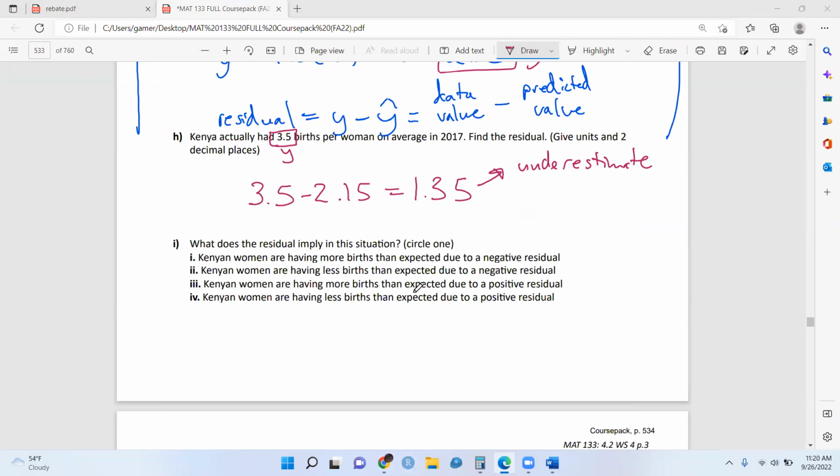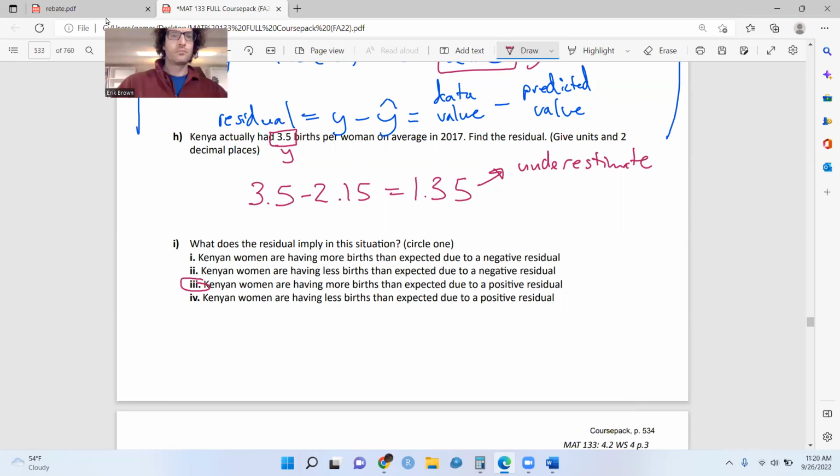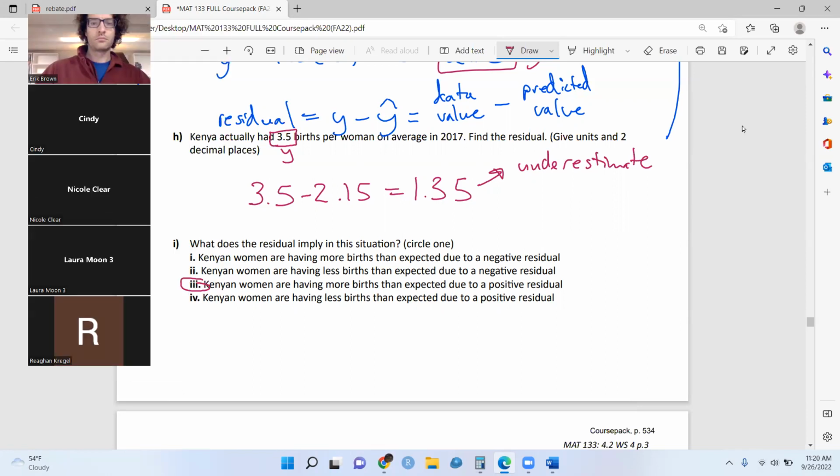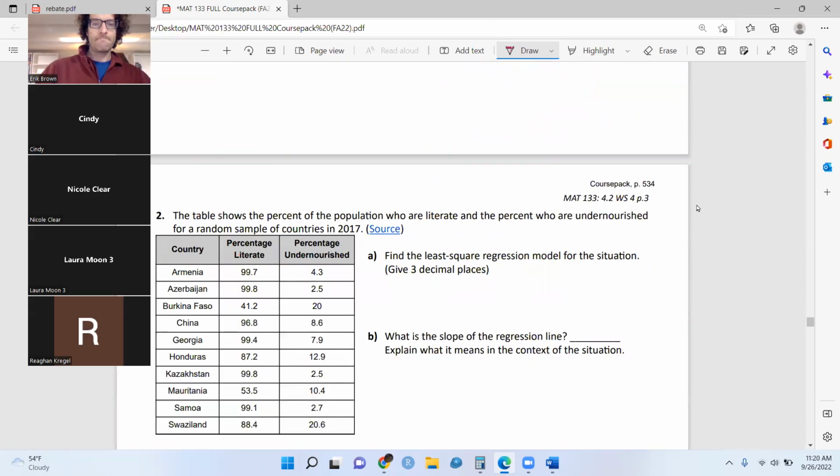Kenyan women are having more births than expected due to a positive residual. Excellent. Yep. Okay. Questions on that? All right.